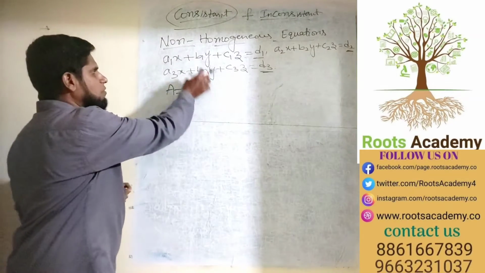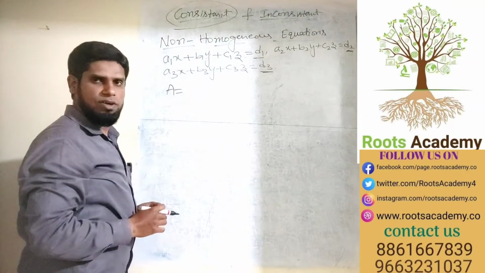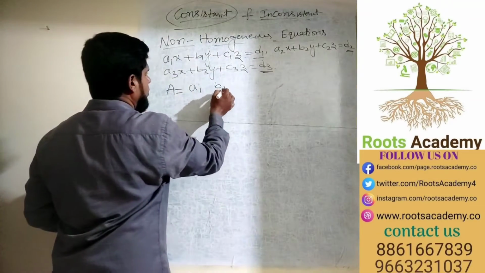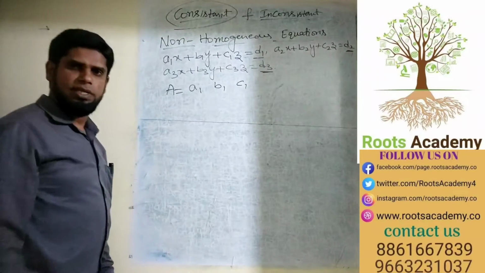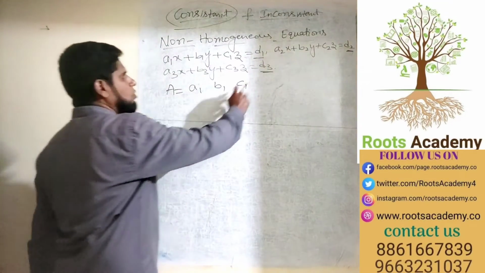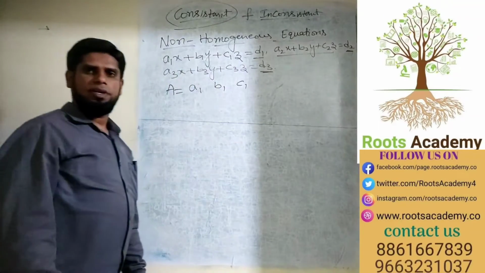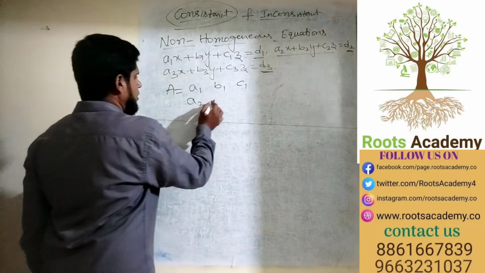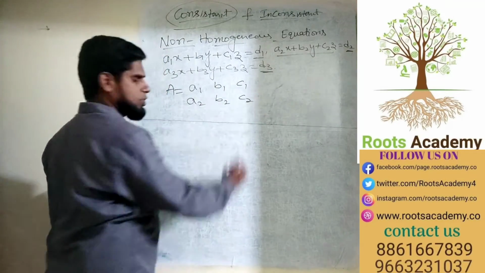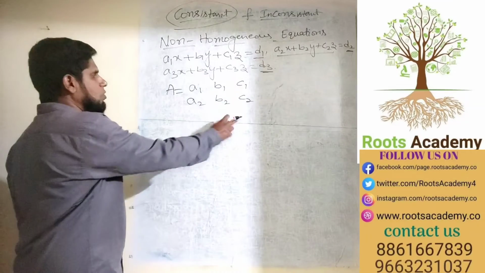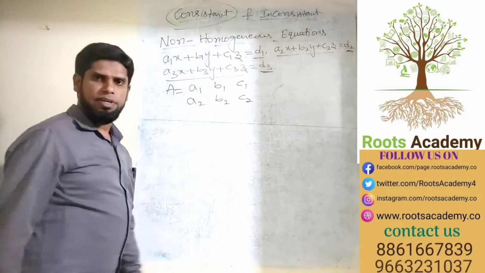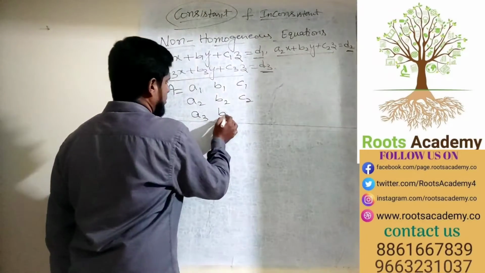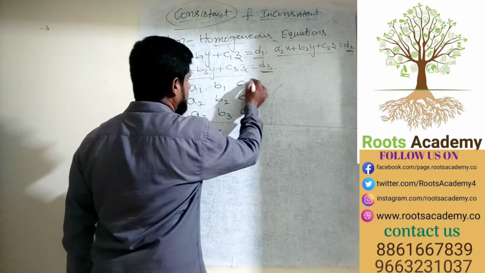In the first row, the coefficients of x, y, z of the first equation, that is a1, b1, c1. Next, in the second row, the coefficients of the second equation, that is a2, b2, c2. The third row is the coefficients of the third equation, that is a3, b3, c3.